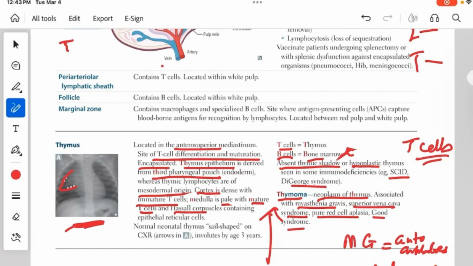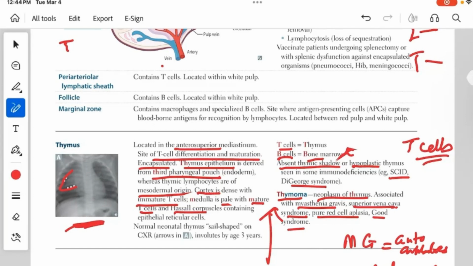Those antibodies block the acetylcholine receptors and prevent acetylcholine from binding to its receptor. Normally, acetylcholine binding to the receptors on the muscle end plate stimulates muscle contraction, so blocking it leads to muscle weakness.